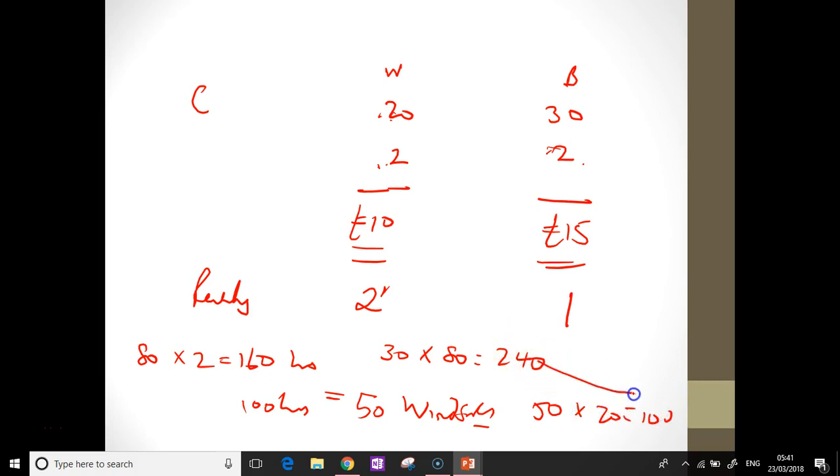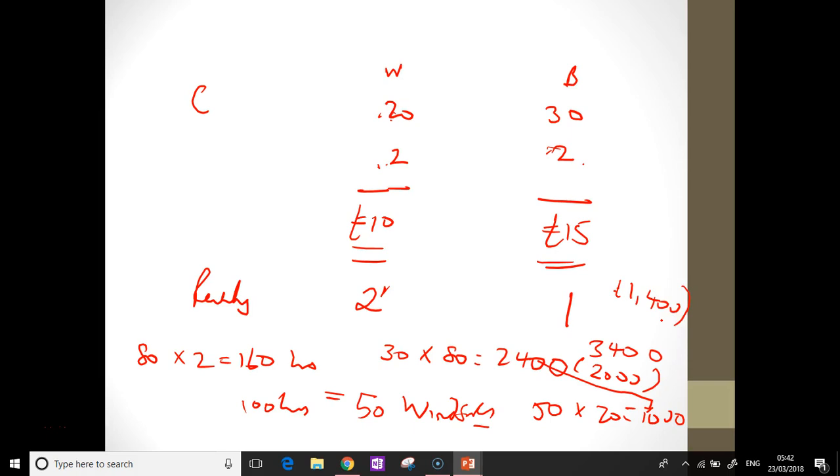So my total contribution is 2,400 plus 1,000, which gives me 3,400. Then it tells you clearly that your fixed overheads are 2,000. If you look on that page in the middle bit, it gives you all the details. And therefore your profit is 1,400.